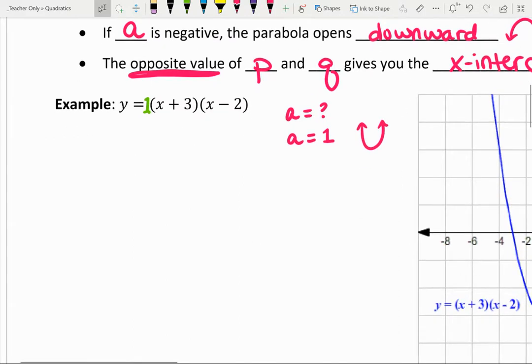Now, the slightly more interesting pieces here are where this says x plus 3 and x minus 2. So we've got these two numbers in here. And if we think about the value negative 3 or positive 2, taking those opposite signs, those actually tell us our x-intercepts.